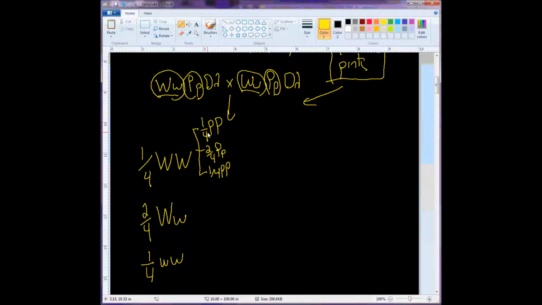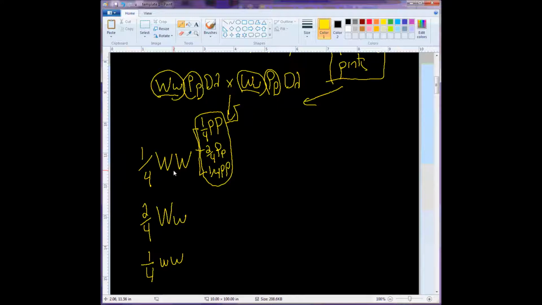Because we've memorized Mendel's monohybrid ratios in the F2 generation, or when you cross plants that are heterozygous for a pair of alleles here, big P and little p, and we know this ratio, so we can just plug that in, or we could do the Punnett square and we could figure out what the ratio has to be. And we could do that again for big D and little d up here.